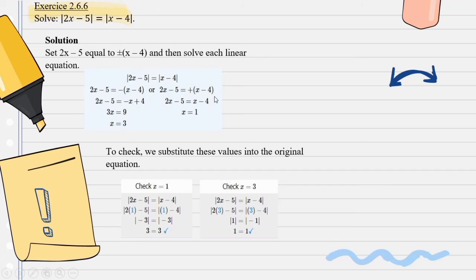You must subtract x on both sides and add 5 on both sides. After that, x equals 1.